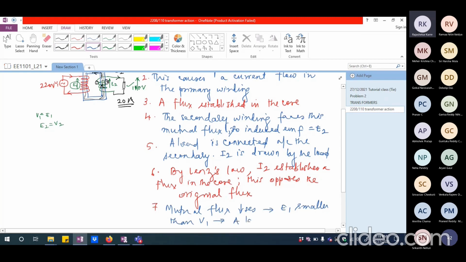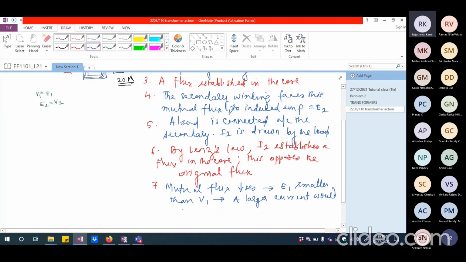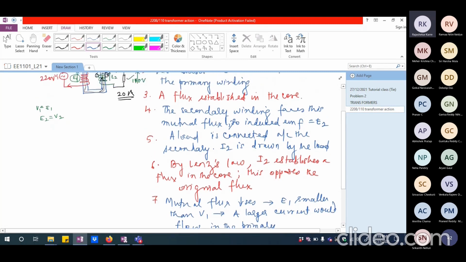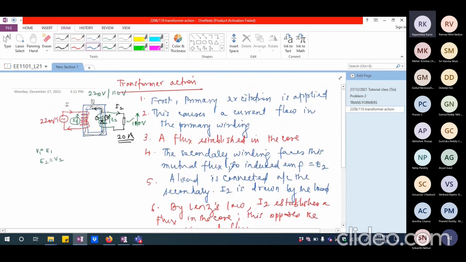So a larger current would flow in the primary. And if a larger current flows in the primary, its flux is again going to increase. What was being originally killed by the secondary current will again rise.